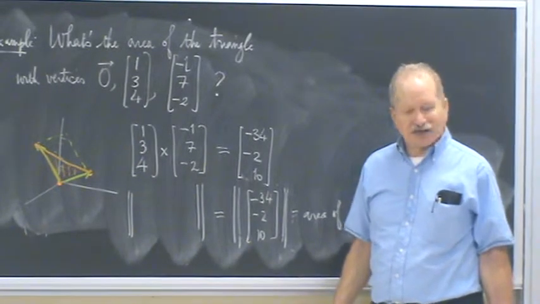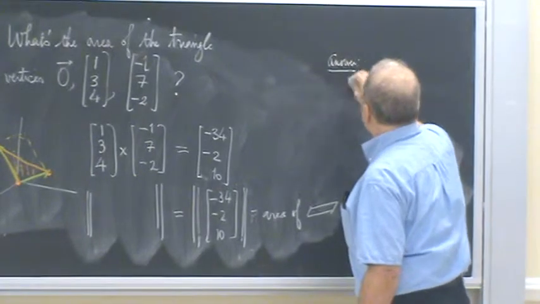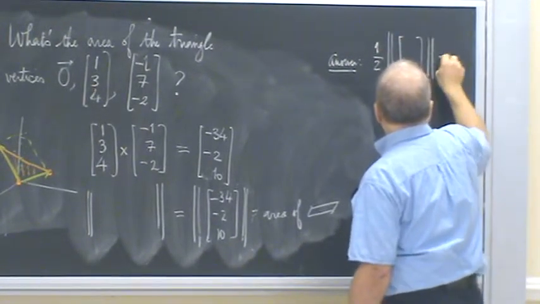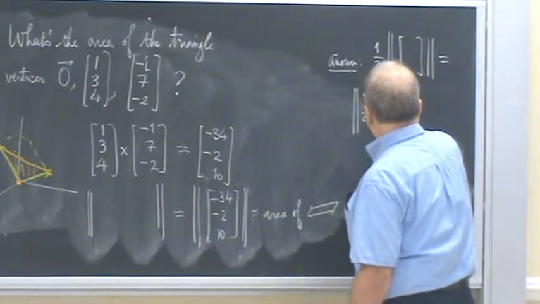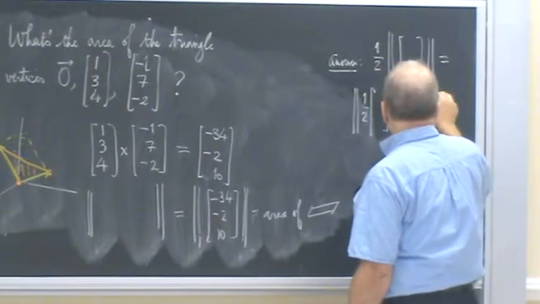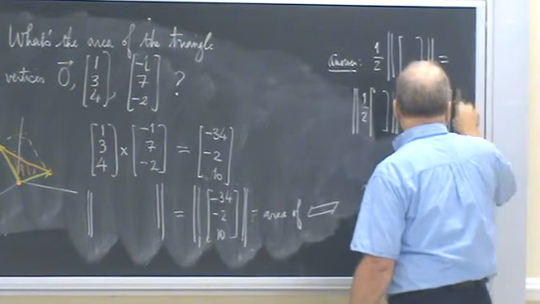It'll make the algebra easier. So the answer is going to be 1/2 the magnitude of the vector, which is the magnitude of 1/2 the vector, which is going to be the magnitude of -17, 1, 5. Piece of cake.